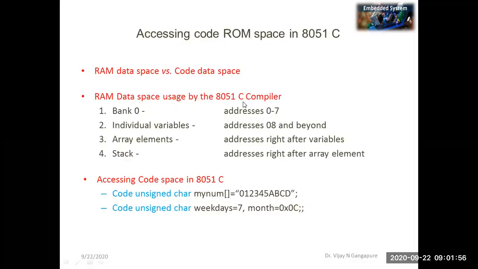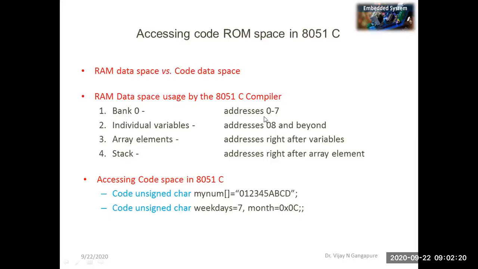from C programming language compiler, then how the RAM data space is utilized is shown here. Okay, so bank 0 registers by default are used, having addresses 00H to 07H, and these bank 0 registers are used for temporary storage.